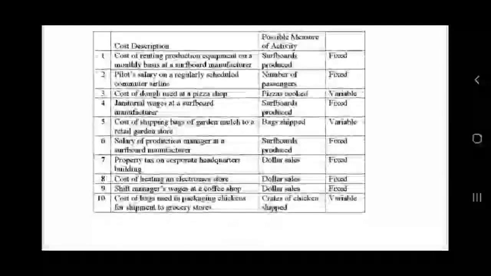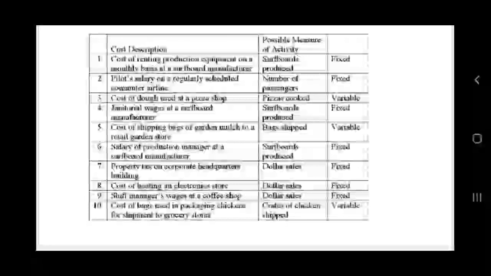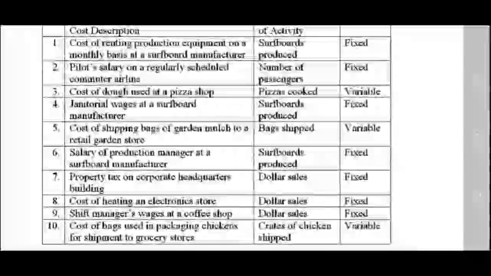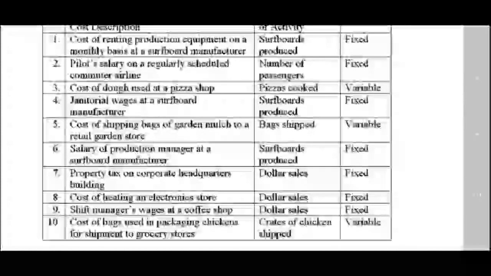And then number 4, janitorial wages at a surfboard manufacturer. It is fixed. No matter how many surfboards are produced, the amount paid to the janitor is the same, because the janitor is not involved in the production process. Okay, number 5, cost of shipping bags of garden mulch to a retail garden store.